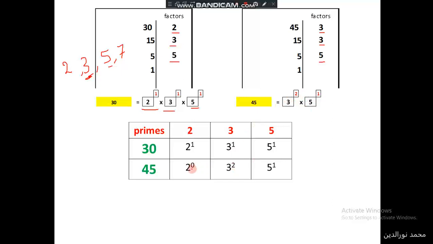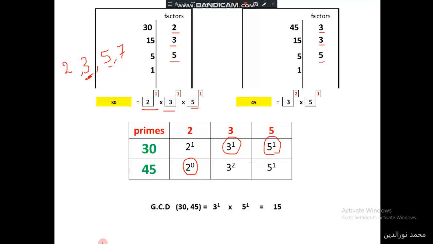To find the GCD, as we said before, we take the smallest power: 2 power 0, 3 power 1, 5 power 1. So the GCD of 30 and 45 is 1 times 3 times 5, which is 15.